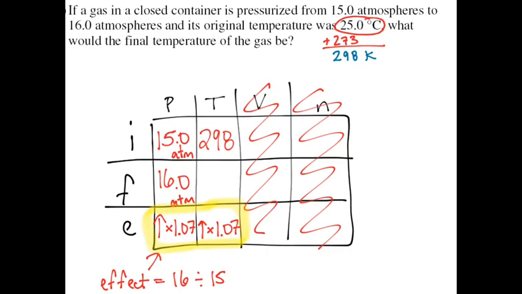So therefore, to find my final answer here, I'm going to take my original temperature, which was 298. All right, and then what am I going to do to that 298? Ethan, should I multiply or divide it to make it go up? Multiply it times 1.07.